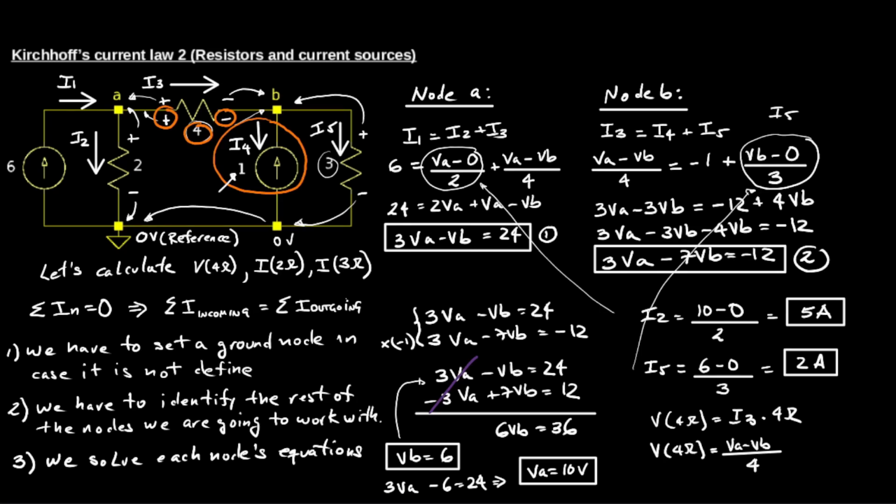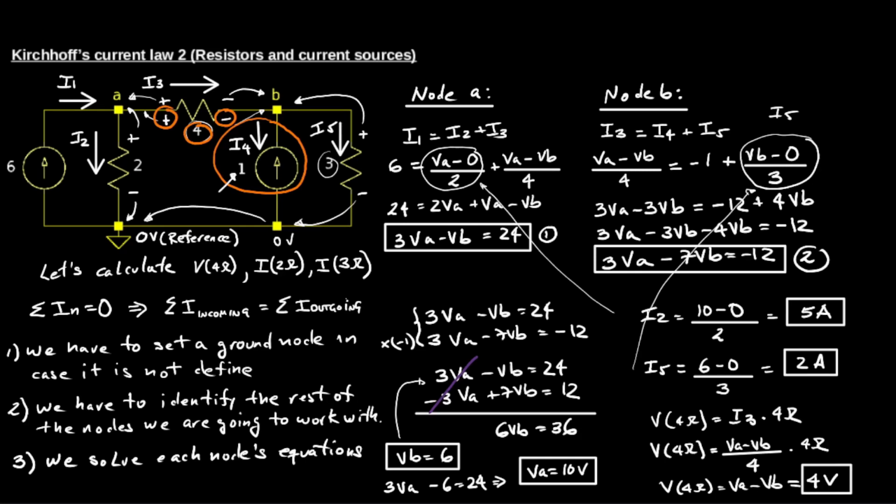Okay, so I3, which I didn't get before, I have to get it now. I3 equals VA, which is the positive terminal of the resistor, minus VB divided by 4, times 4, and this equals what I said before. I said before that I could get this voltage difference directly by subtracting VA minus VB.